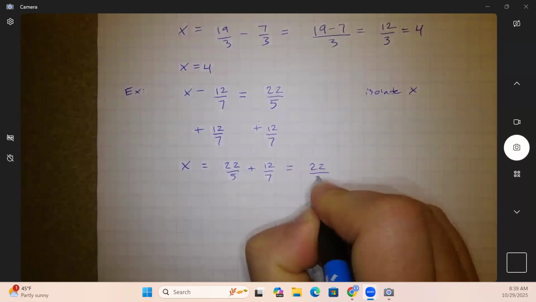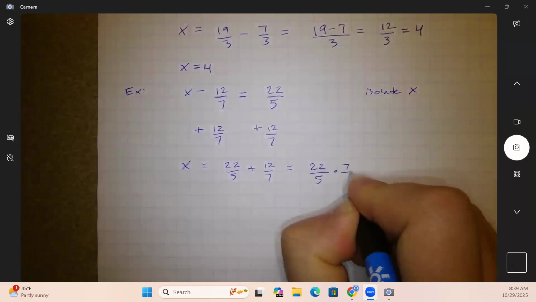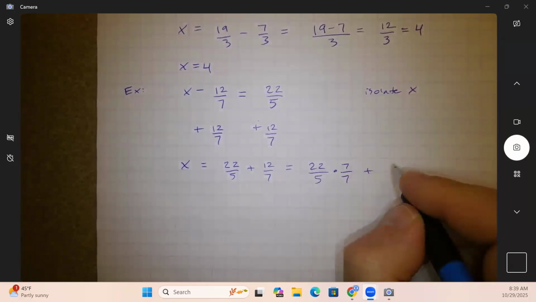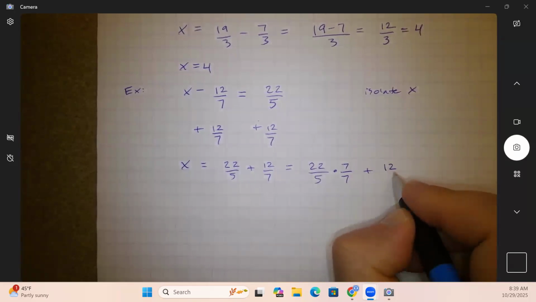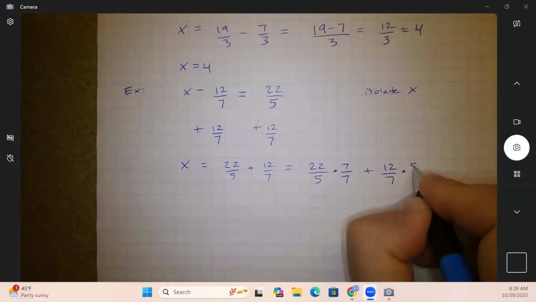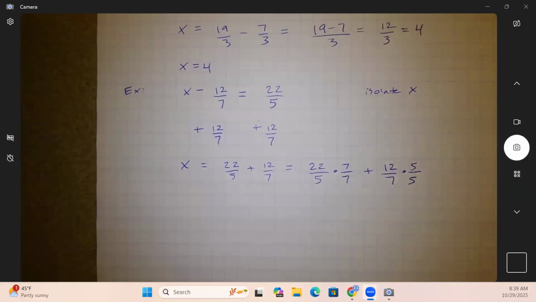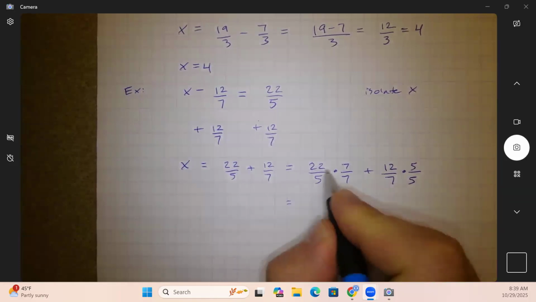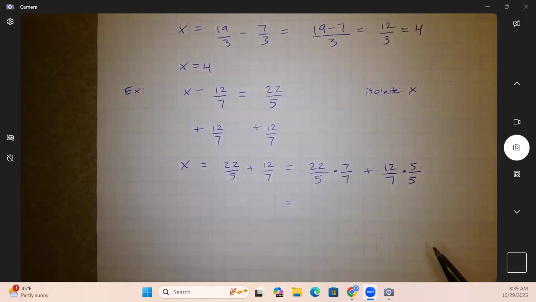Since 5 and 7 don't share any primes, I can just find the least common multiple of the denominators by taking the 5 and the 7 as the missing pieces. 22 times 7 is 140 plus 14, which is 154. 5 times 7 is 35.